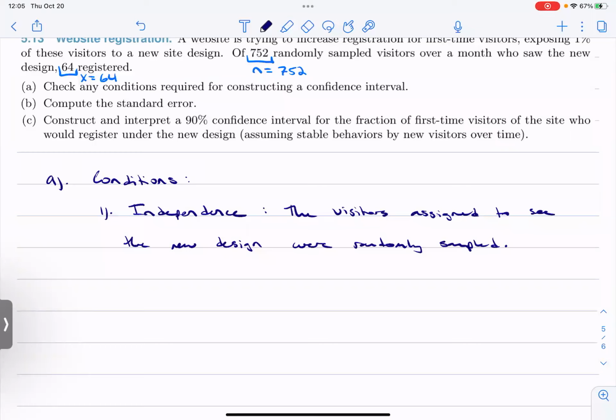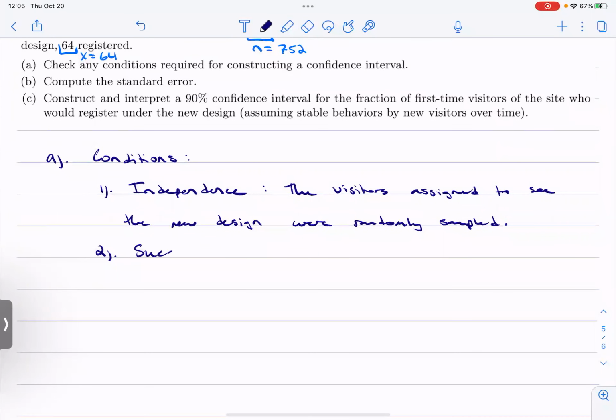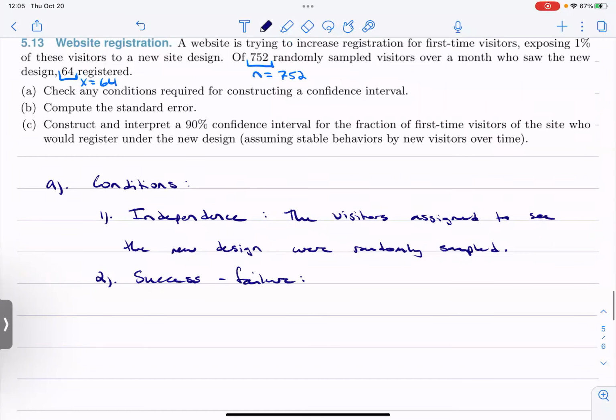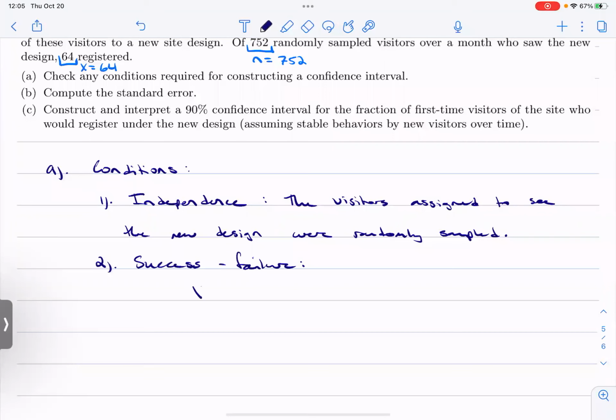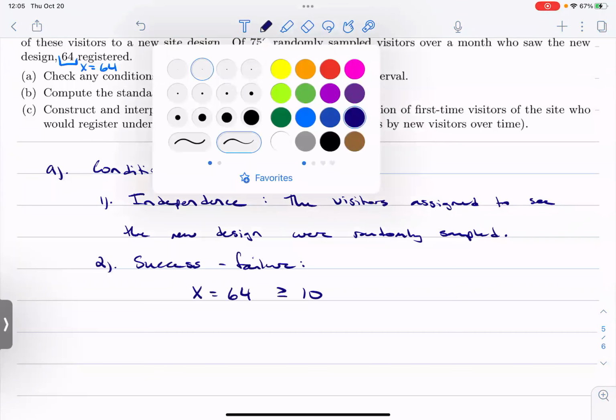Okay. The second condition is the success-failure condition. In this case, it is n times p hat has to be greater than or equal to 10, but I also have the number of successes, so I'm just going to go for it. So x is 64, which is greater than or equal to 10.